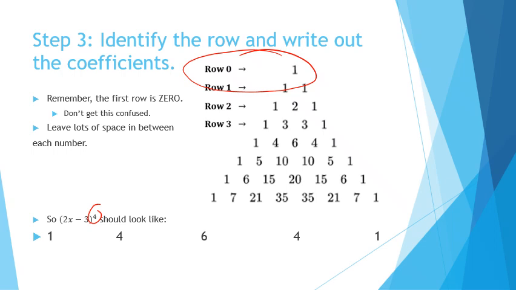So here n equals 4. And so what row do we use? We want to use row n, or in this case, row 4, which is 1, 4, 6, 4, 1. So start on your paper with the numbers 1, 4, 6, 4, 1 kind of spread out and in that order. That's what you're going to do with this step.